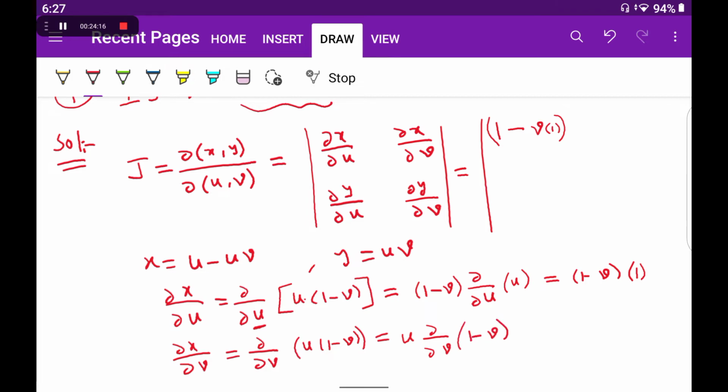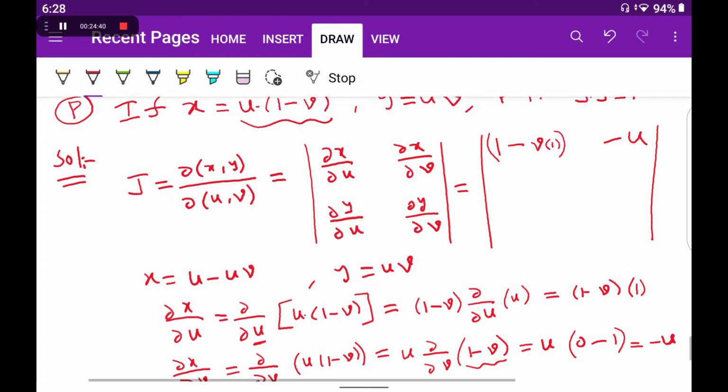This becomes the derivative of 1 - v with respect to v. u into, so derivative of 1 is 0, constant. Derivative of v with respect to v is 1. So it is minus u.